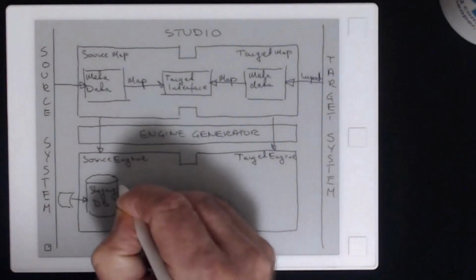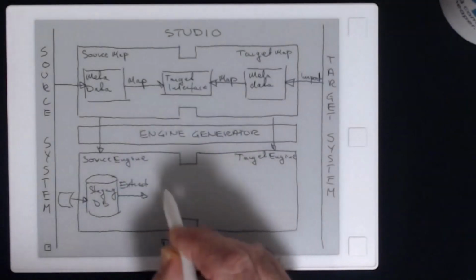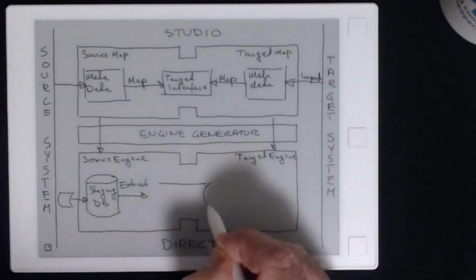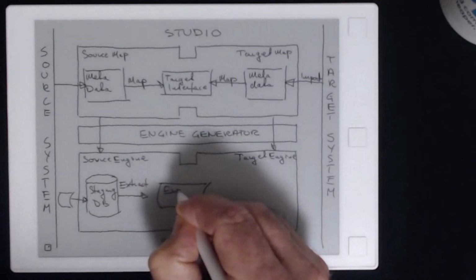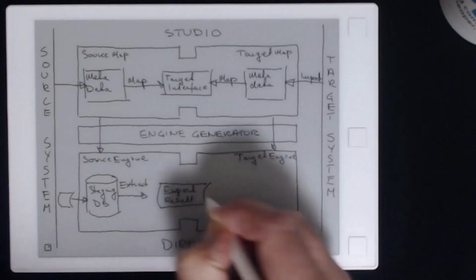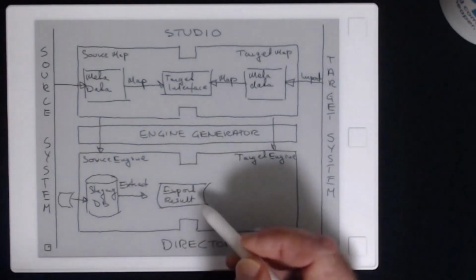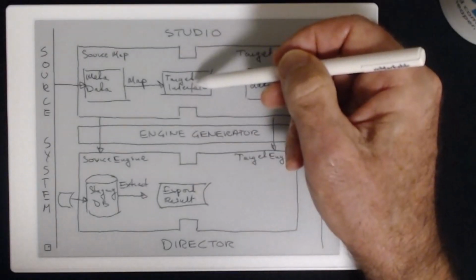The source engine will load the data into a staging database, and then it will extract the data from that one and produce an export result. And this export result actually is the data that conforms to the target interface.